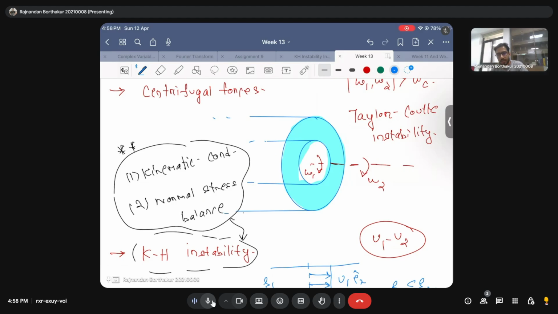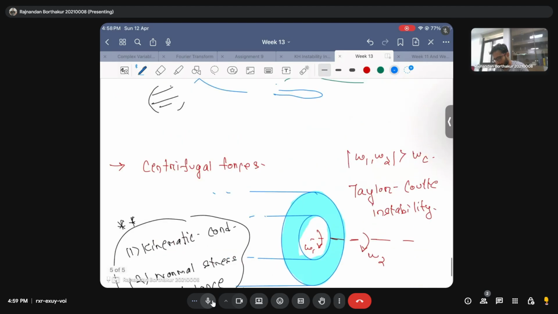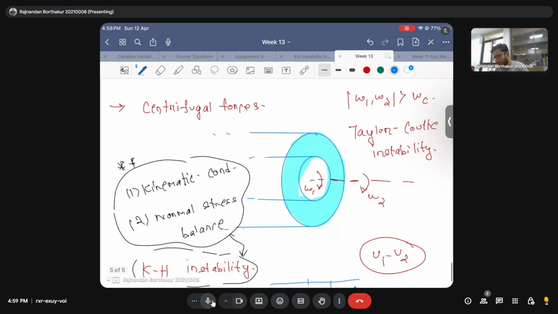Okay, but I believe that the motivation behind studying hydrodynamic instability is clear from the various examples that we saw. These are some examples that we witnessed in everyday life where we see instability kicks in. Actually, I should have covered this before starting instability on parallel flows, because this then establishes the motivation for studying that.